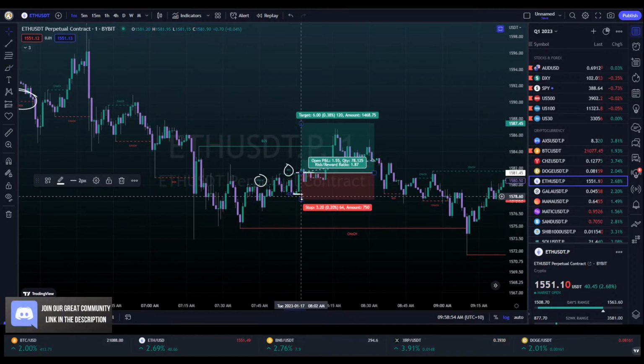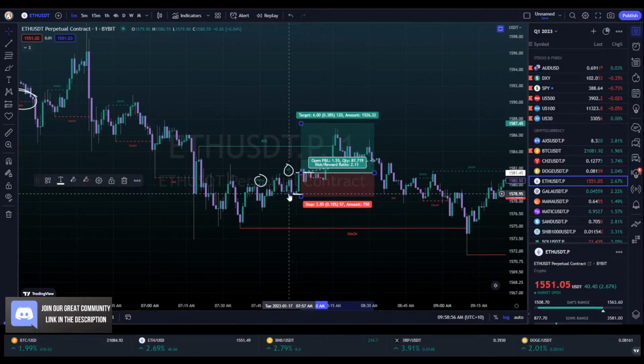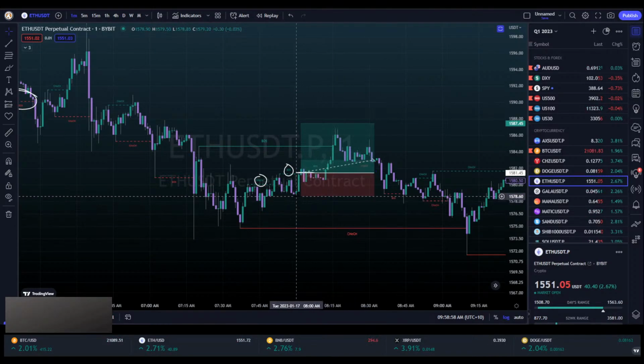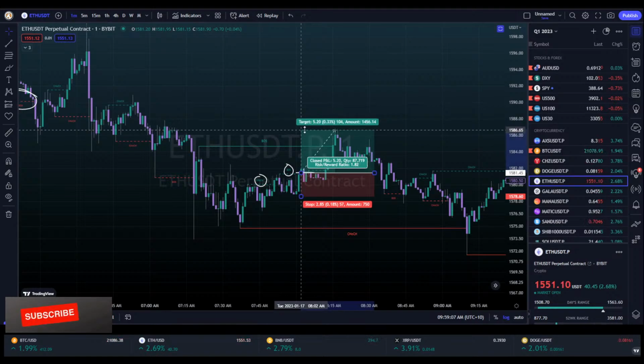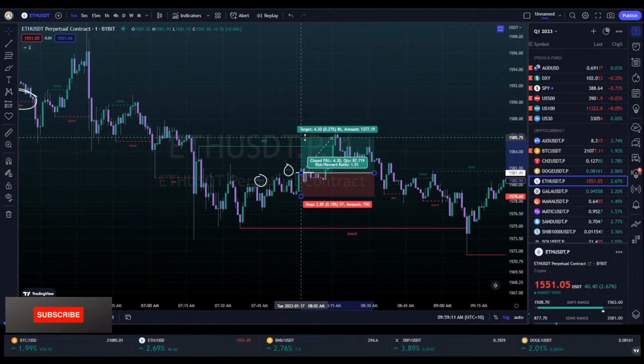You don't want to be on the point exactly, but just a little bit beyond it. And then you want to target, say, a 2-to-1 or 1.5-to-1 risk to reward, depending on your appetite for risk and your risk to reward profile.